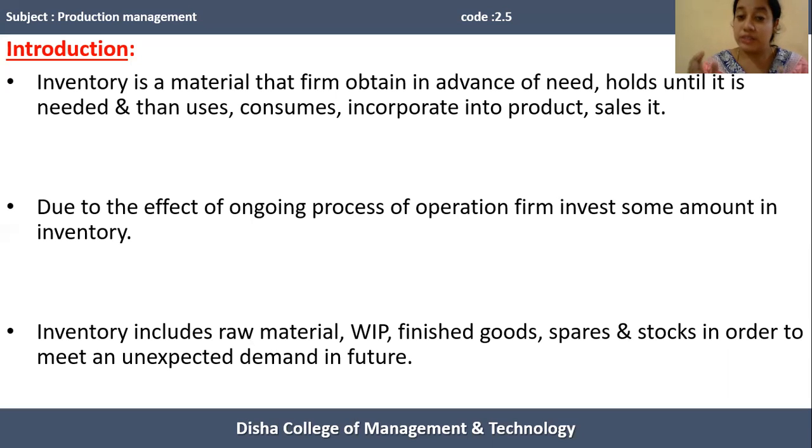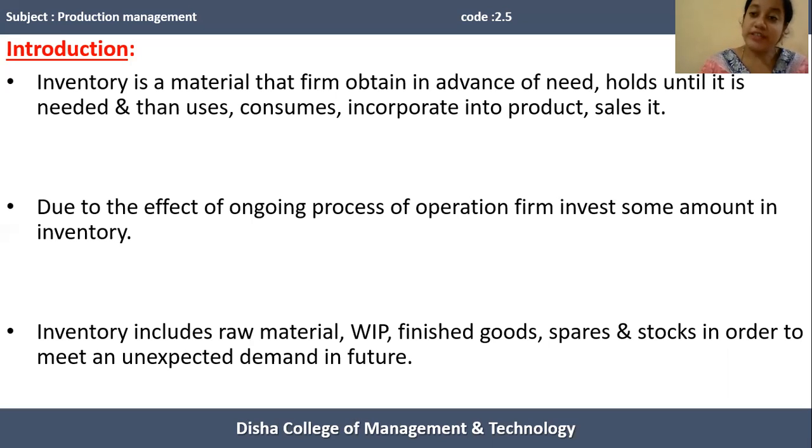And due to the ongoing process of operation, the firm has to invest a certain amount in inventory, means the firm has to keep some minimum inventory with it, so that without interruption the firm's production process can be carried out.